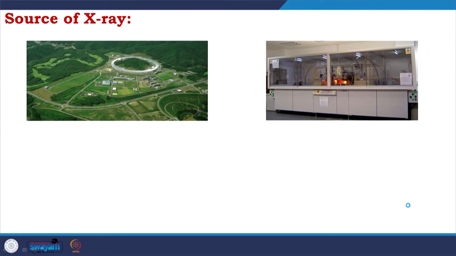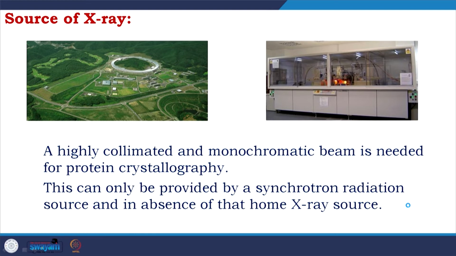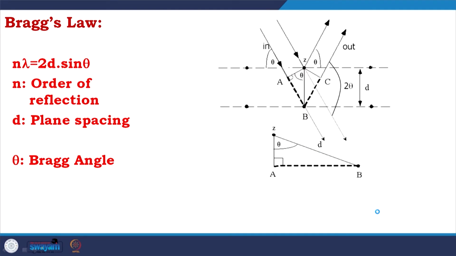We already talked about sources, but just to remind you, a highly collimated and monochromatic beam is needed for protein crystallography, and that can only be provided by a synchrotron radiation source. When you do not have synchrotron radiation, you have a good X-ray home source.